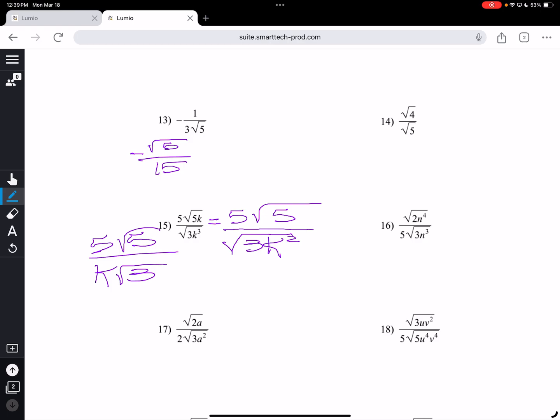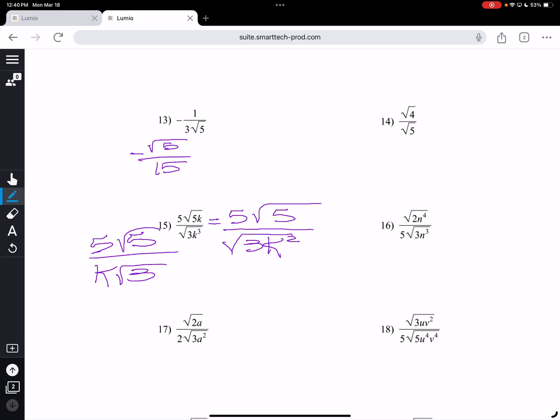So k squared is a perfect square. So you've got to take it out. It comes out as a k. And I was left with 5 radical 5 over k radical 3. You know how we have to multiply to get the non-radical version? Do we multiply the k squared with it? We've removed the k squared.